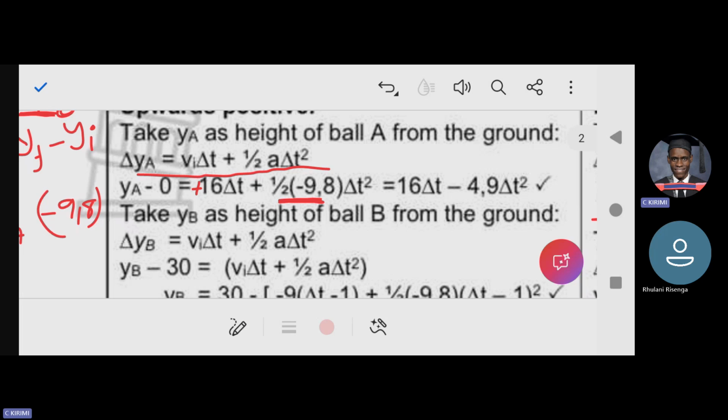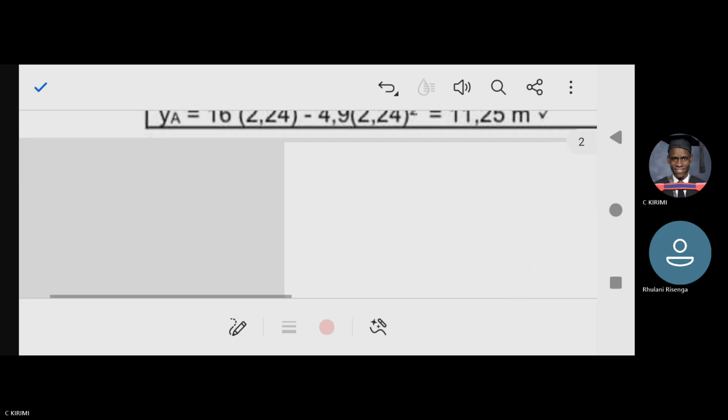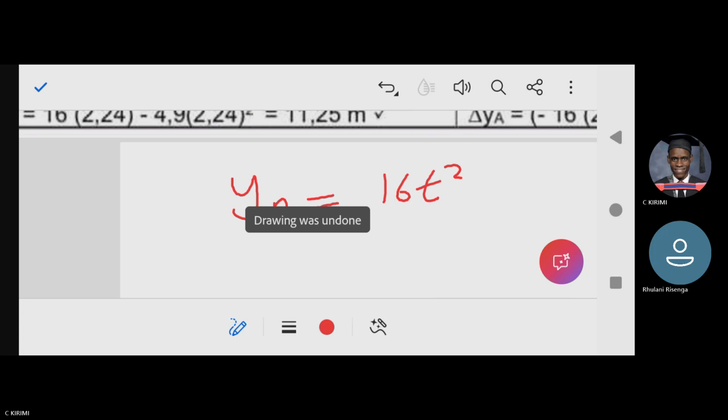So your final equation for YA is YA equals 16t minus 4.9t squared.